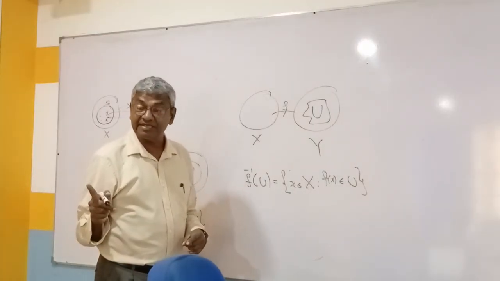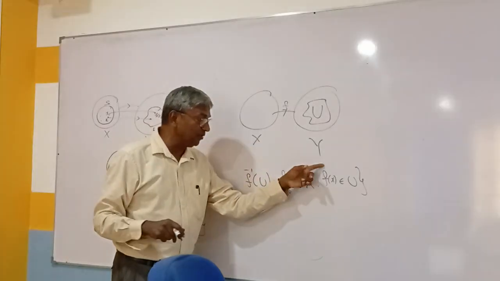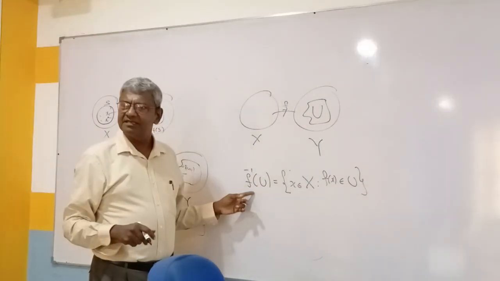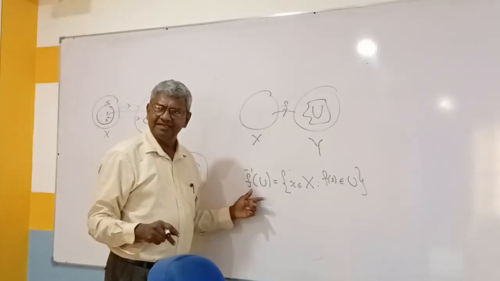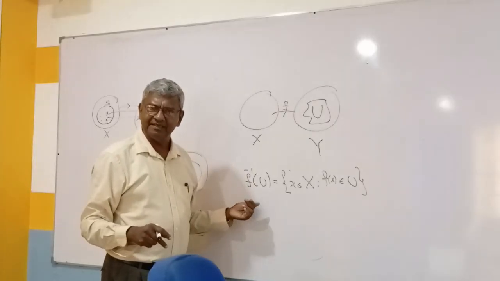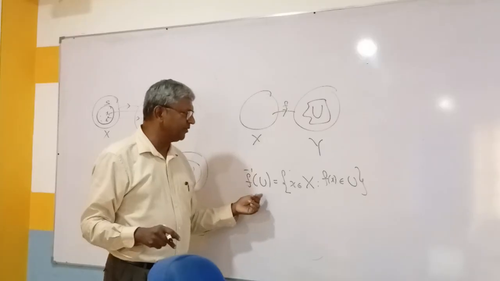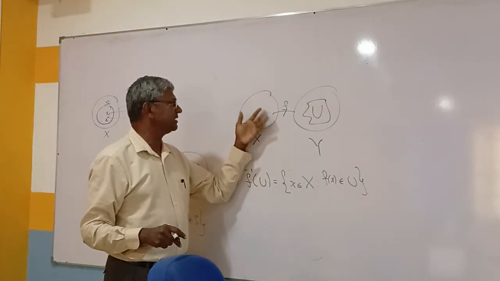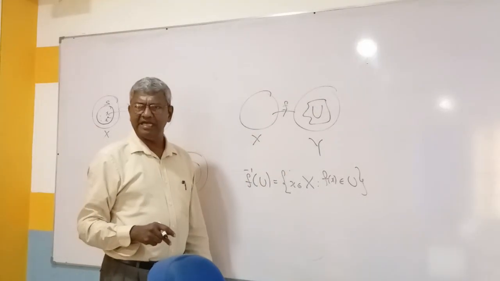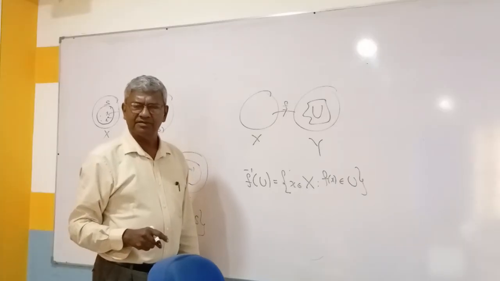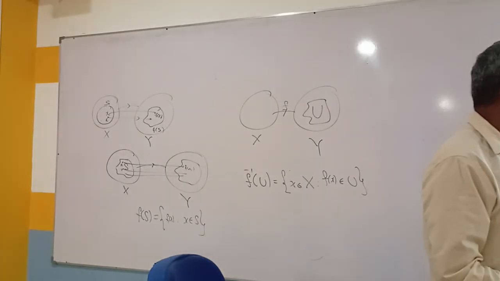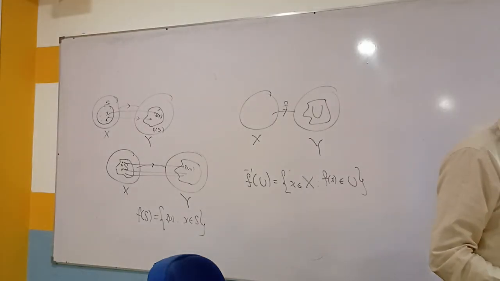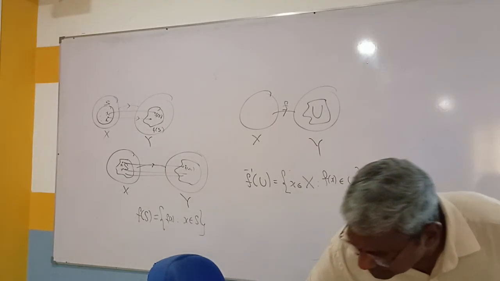Now there is a confusion. If f is 1 to 1, f inverse is a function; it has a meaning. Here, it is not that meaning. f inverse of U is the collection of elements here whose images are in U. So different meanings. The f inverse U is the inverse image of U. Let's go.